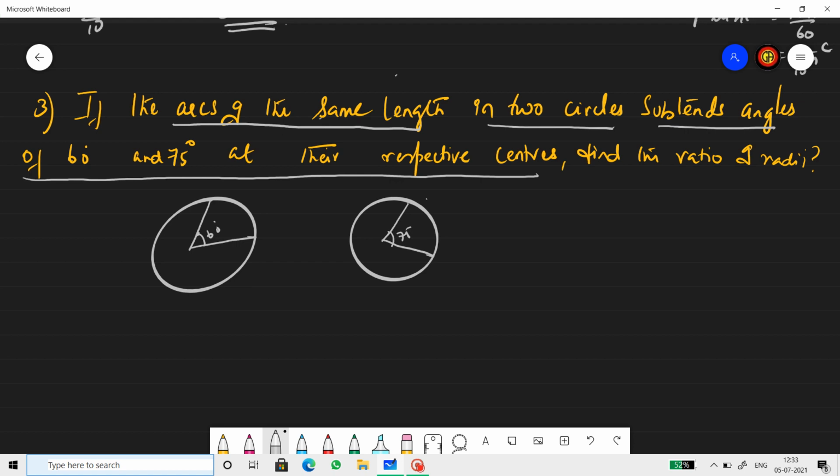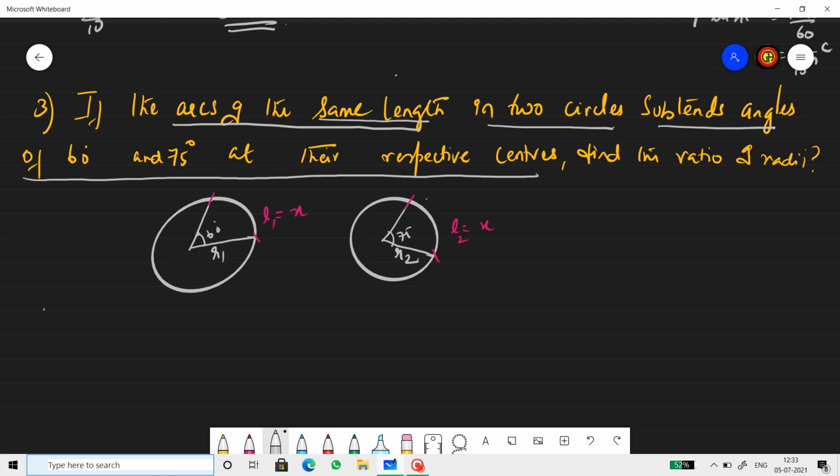So let me consider this length L to be the same: L1 equals X and L2 equals X. Let's assume the radius of this one is R1 and this is R2. The question is to find the ratio of their radii.